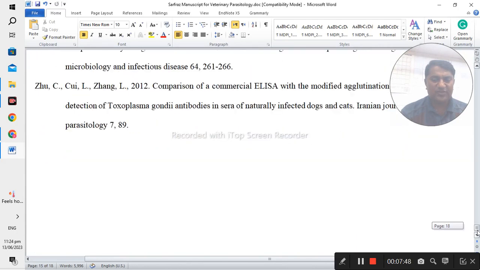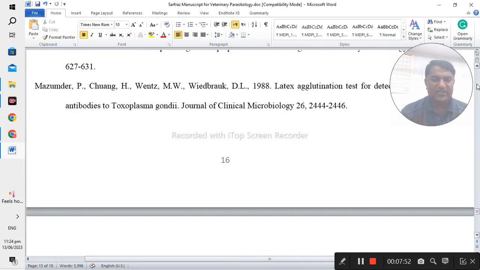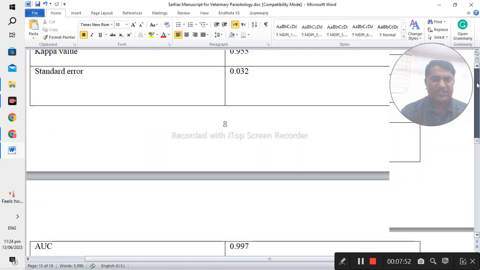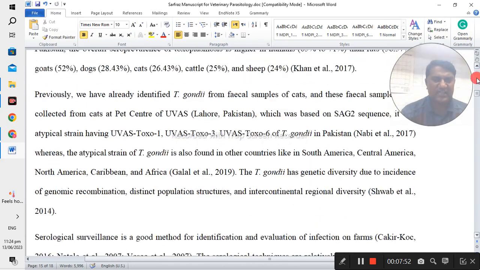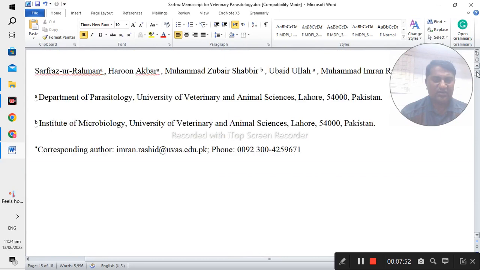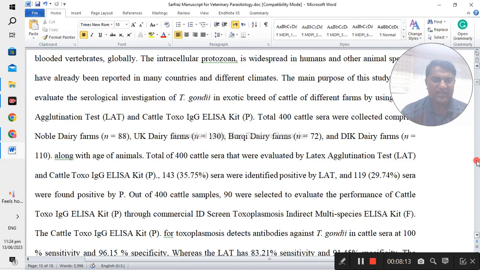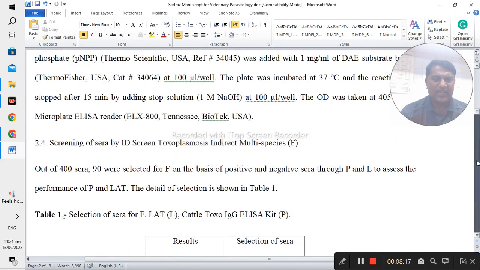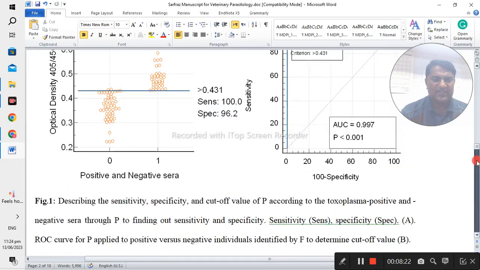Now I will also describe the headings briefly. You can see first the title of the original research article, then the author affiliation, abstract, keywords, introduction, material and methods, then results, and then the discussion.